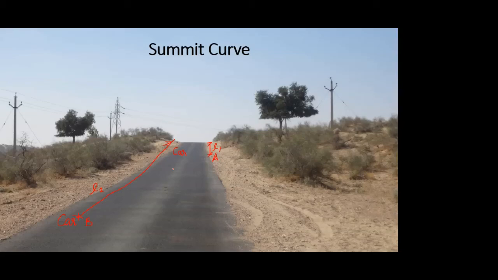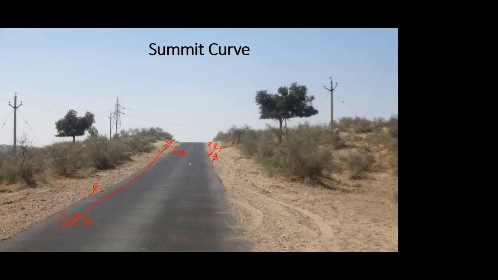I'll again repeat the question, or just to simplify it, I'm asking on what parameter will this point depend, that at what point I'll see the objects on the other side of the curve. Okay.